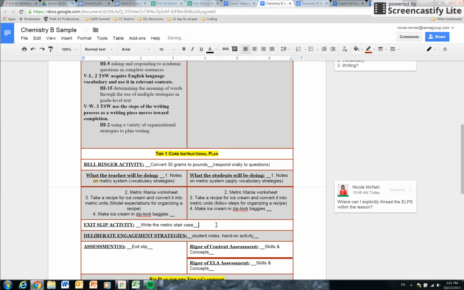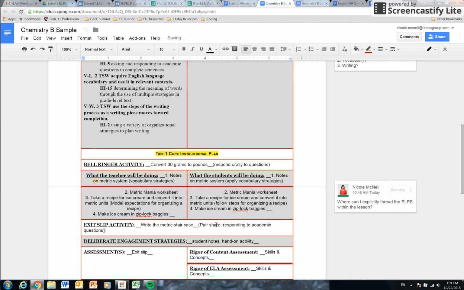Okay. And then I want them to write a metric staircase, and I'm going to have them share that in a pair share to practice responding to academic questions.